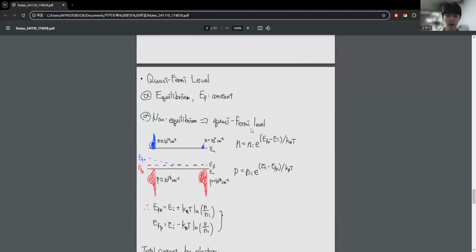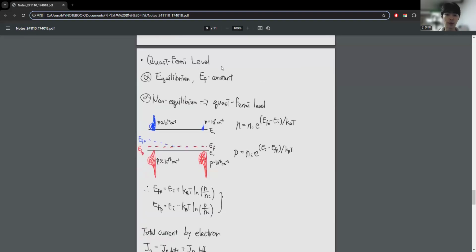And next, we're going to talk about the quasi-Fermi level. At equilibrium, the Fermi level is constant, but at non-equilibrium the Fermi level is not constant, so we use a quasi-Fermi level.